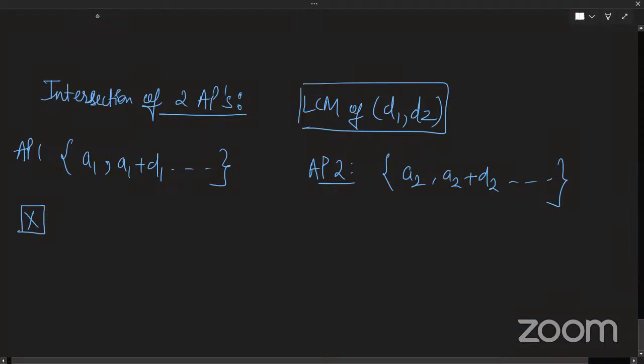The first term that is common to both of these APs. Can anyone tell me what will be the common difference, D1, D2?